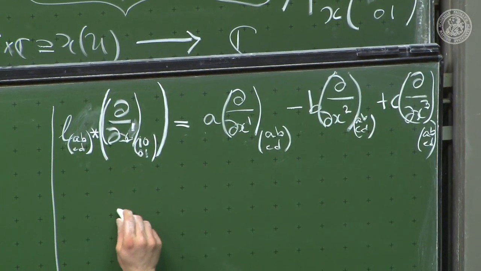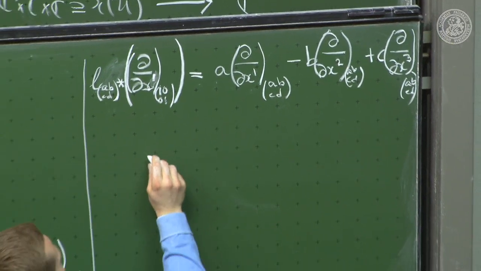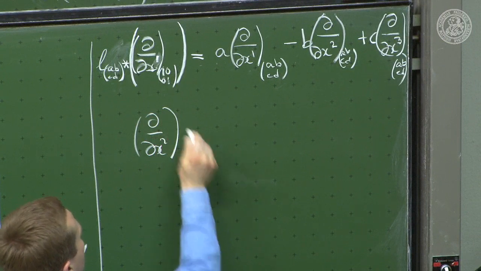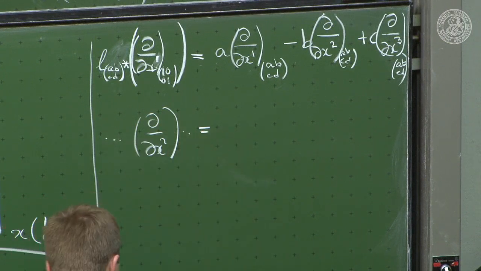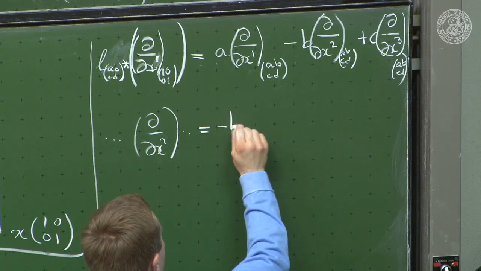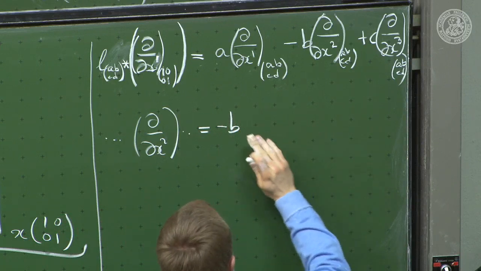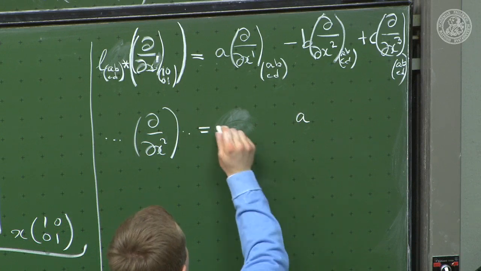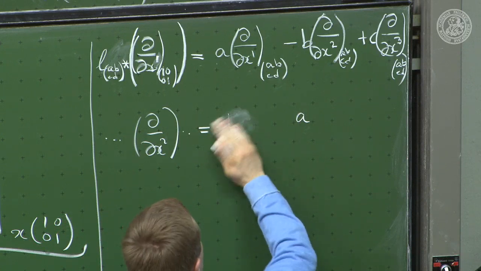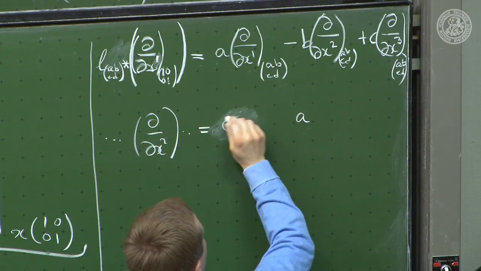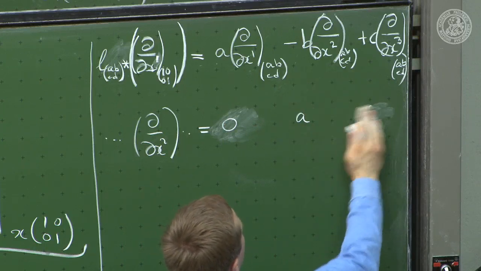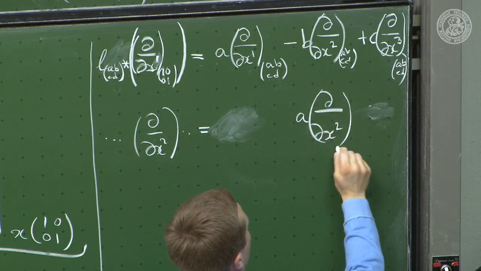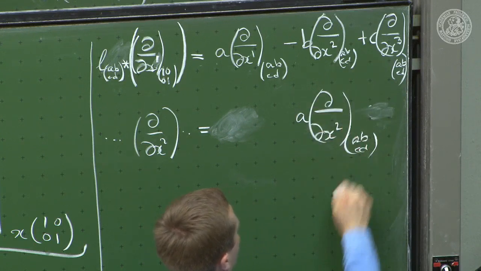And the same is true if I write here, so everything stays the same, but I write d by dx2, and then it has the factors minus b, 0, a, so there's only the a factor here. No, minus b was right. No, 0, a, 0. So there's only a times d by dx2 at that point.